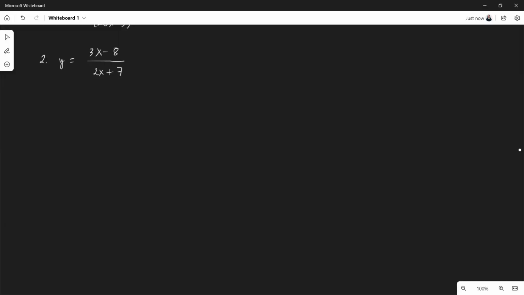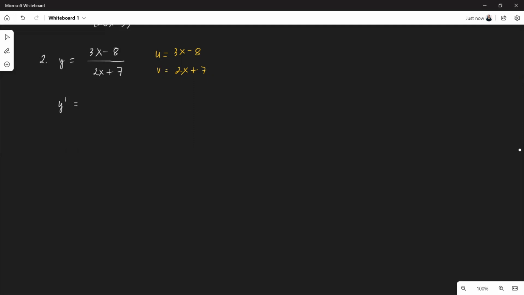So we have the second example, y is equal to 3x minus 8 all over 2x plus 7. Again, we have the numerator as our u, but do not just memorize the letters. Memorize the format and what to write first. Don't forget to write the y prime notation indicating you are already doing differentiation.